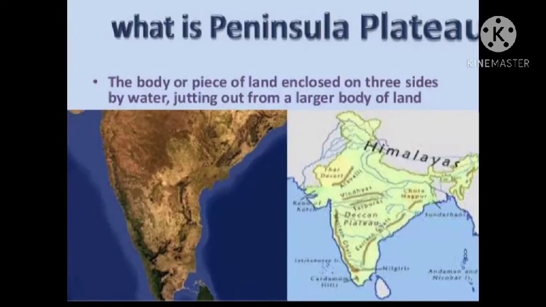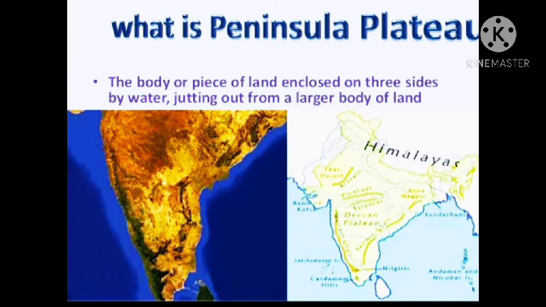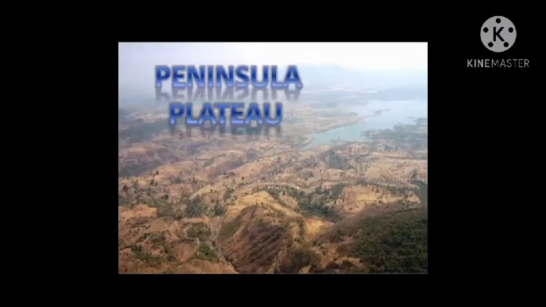A peninsular plateau is a piece of land that is enclosed on three sides by water, jutting out. Jutting out means projecting or protruding out from a larger body of land.